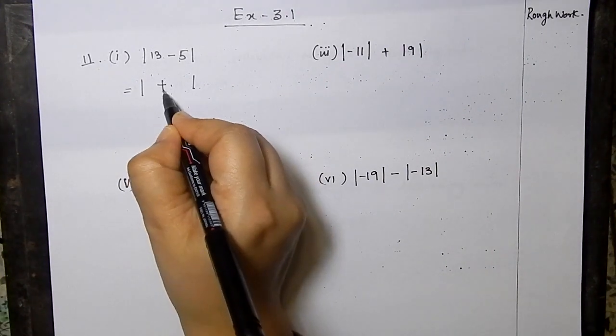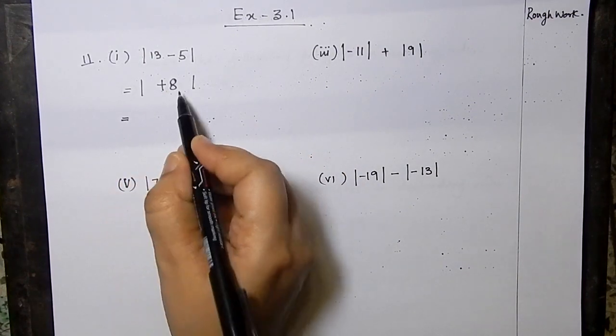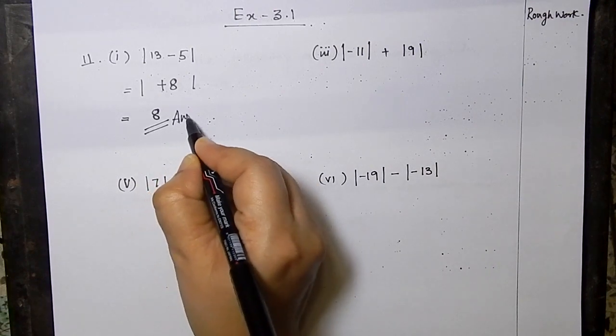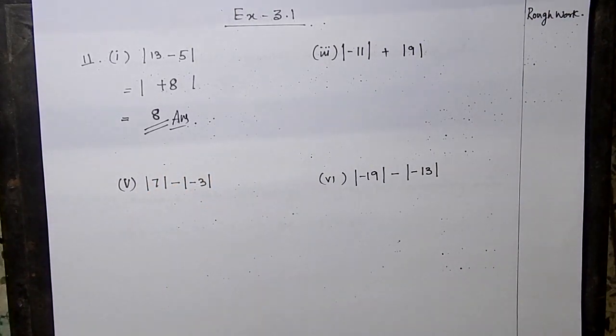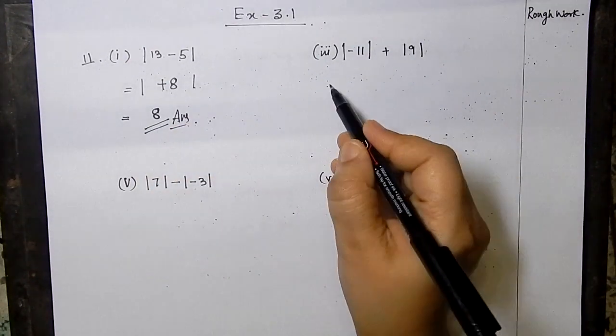So this is plus 8, now let's find the absolute value. Absolute value means only the numeric value, ignoring the sign or dropping the sign. So that is only 8.